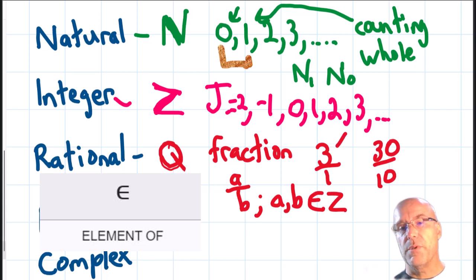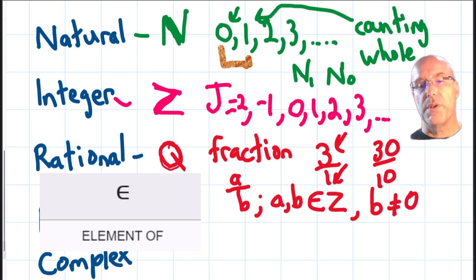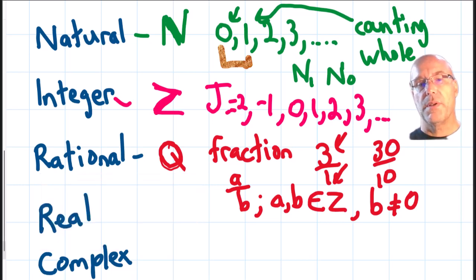So the number on the top and the number on the bottom are expressible as integers. B can't be equal to 0, because you can't divide by 0, but a rational number can be expressed as a fraction. And so provided you have an integer over an integer, that is basically okay to be called rational. Boldface Q.